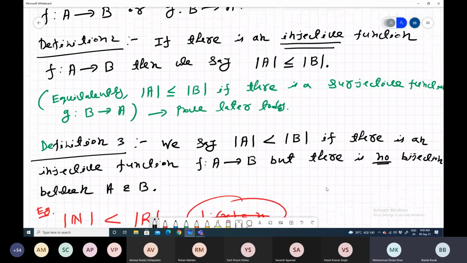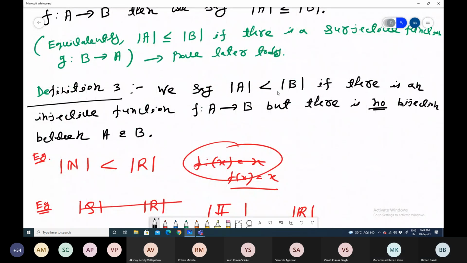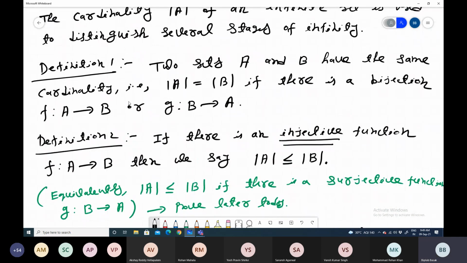Definition 3 says that if there is an injective function but there is no bijective function, then we say that the cardinality is strictly less. But the cardinality of I is not strictly less than the cardinality of R. It is equal. So we needed to use definition 1. So we needed to find one bijective function from A to B.